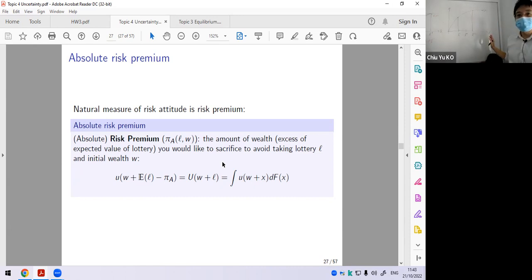So for this one, we know this will be the expected utility, right?